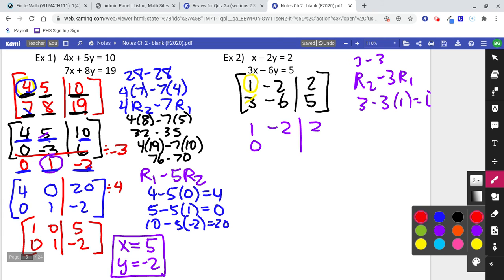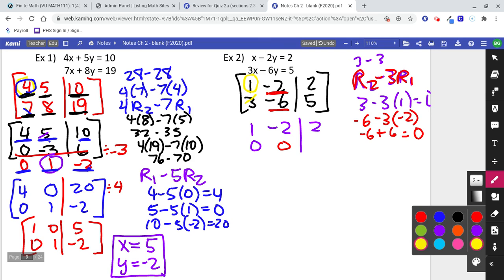So apply that same rule. Okay, row 2 minus 3 row 1. Row 2 is negative 6 minus 3 times row 1, which is negative 2. Now that's going to be negative 6 plus 6, which is 0. So there's going to be a 0 there as well. Something weird's going to happen. Because remember what I want.